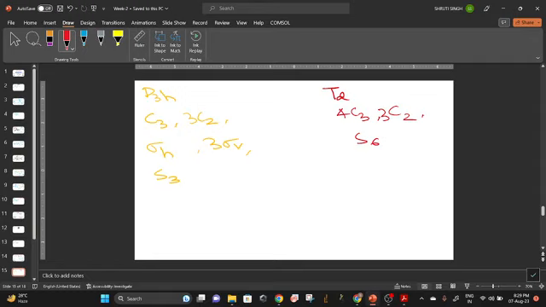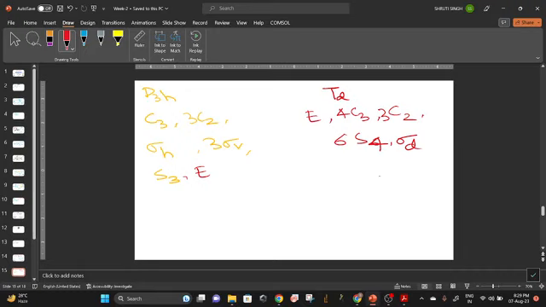So the number of elements is increased here. What else? E is there already. How many S4? There will be 6, I think. 6 S4.